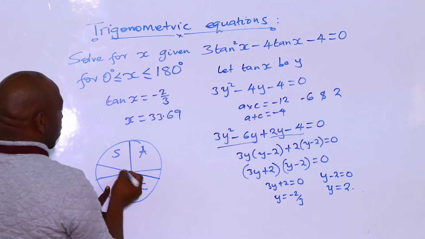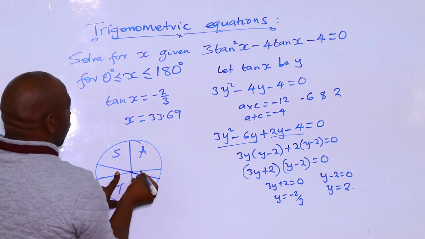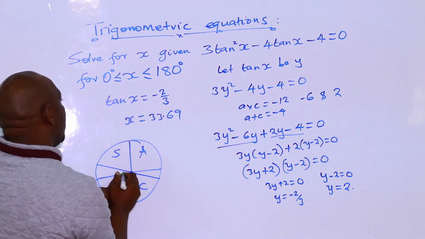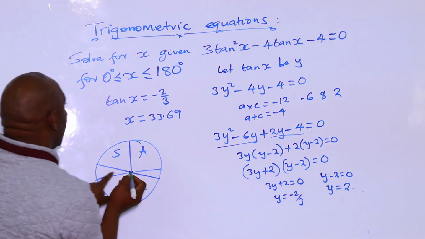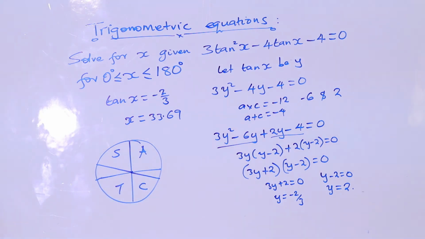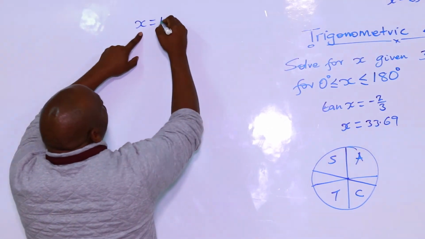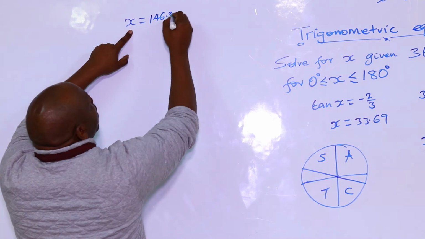So if you take from here to here, that is 180 minus 33.69, you get the first value of x, which will be 146.31.